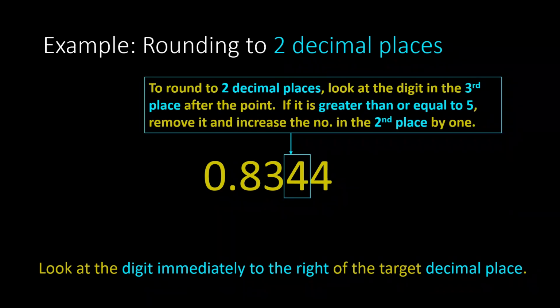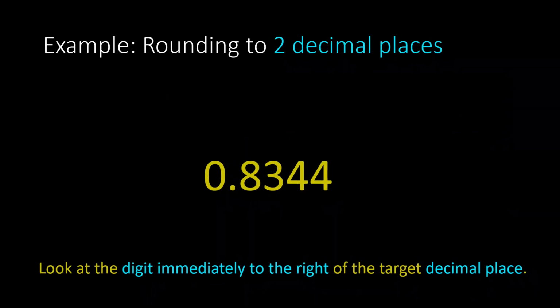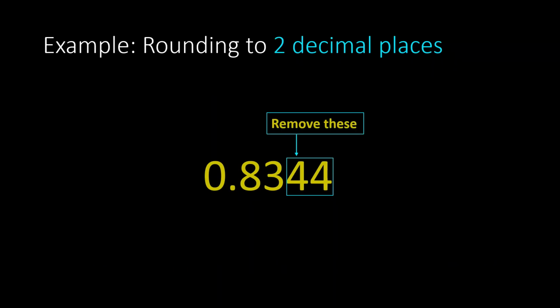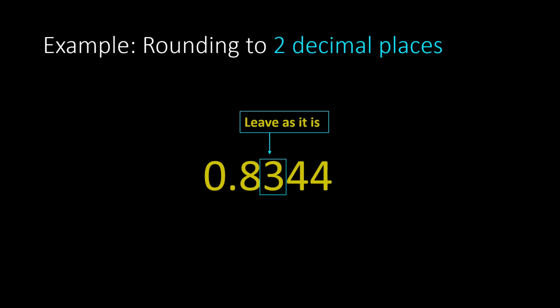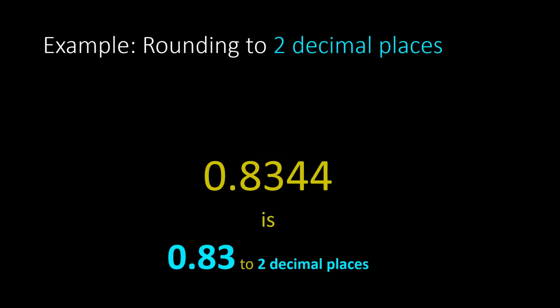In order to round to 2 decimal places, we look at this digit in the third place after the point. If it's greater than or equal to 5, which it clearly isn't, we remove it and increase the number in the second place by 1. But because it's less than 5, we simply remove these two numbers and then we leave the 3 as it is. And therefore we have that 0.8344 is actually 0.83 to 2 decimal places.